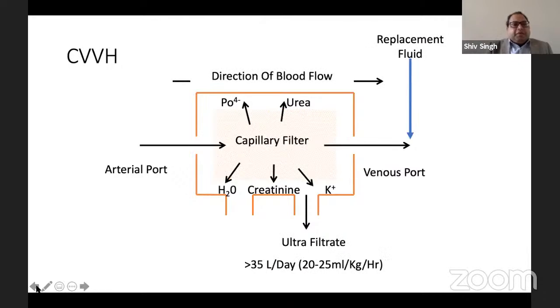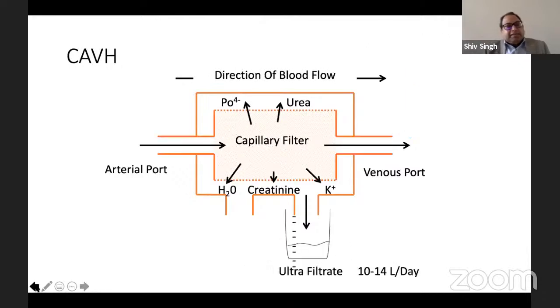Then you have continuous arteriovenous hemofiltration, and this one uses the mean arterial pressure. So one port is in the arterial line, the other is the venous. So return occurs through the venous. So this will depend on the mean arterial pressure of the patient.